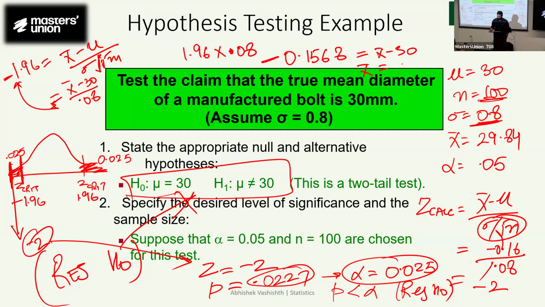X bar value will come out to be 30 minus 0.1568, so x bar will be 29.8432. In this case, what you got was 29.84. तो आप सिर्फ 0.0032 से चूक गए.